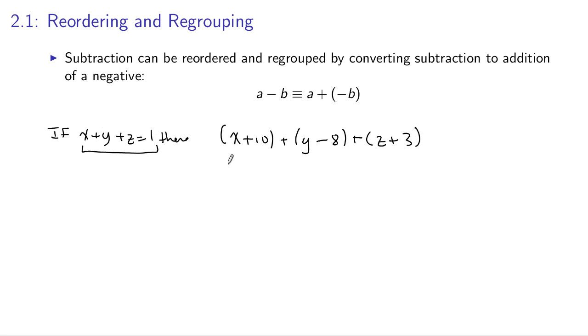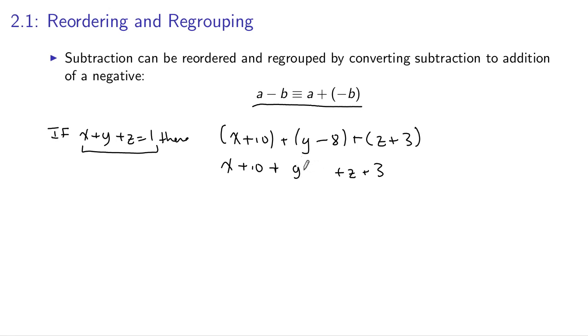So first, let's reorder the addition by dropping the parentheses. We can do that by regrouping of addition. The only problem is that we need to be careful with the minus. We need to remember this principle to help us with reordering subtraction.